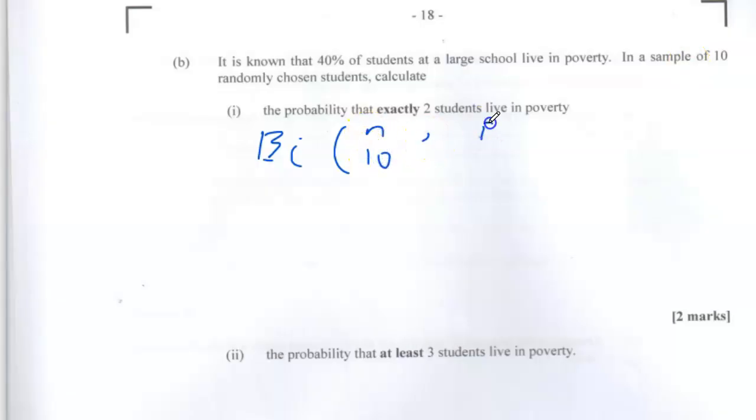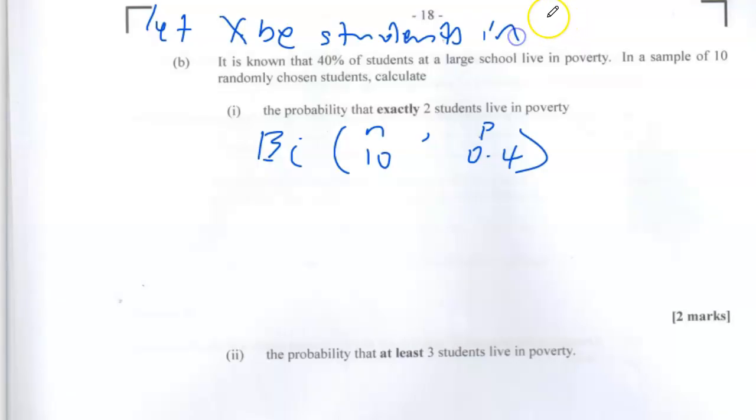And the probability of success, in this case those who live in poverty, is 40 over 100, that's 0.4. Of course, we can let x be students living in poverty.